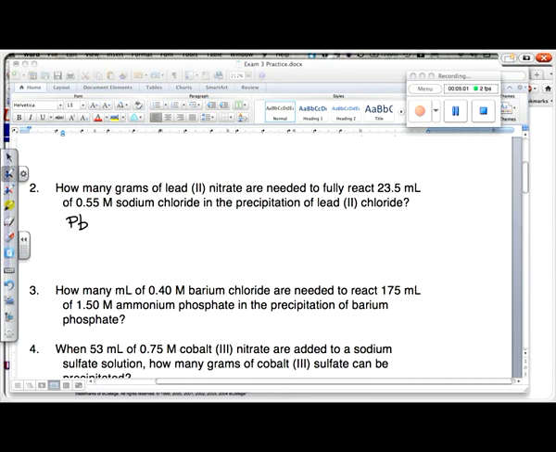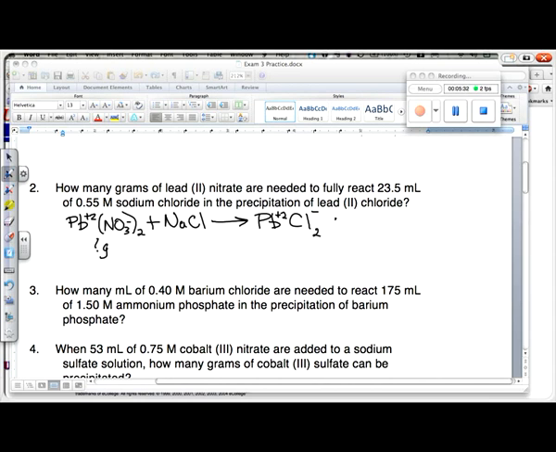So Pb with a +2, that's what that Roman numeral is telling me, nitrate. So I need 2 of those -1 nitrates. How many grams are needed to fully react with, probably should put the word with in there, I'll do that in a minute, sodium chloride in the precipitation of lead 2 chloride, so they're telling you one of the products here, +2, chlorine's -1, so I need 2 of those.